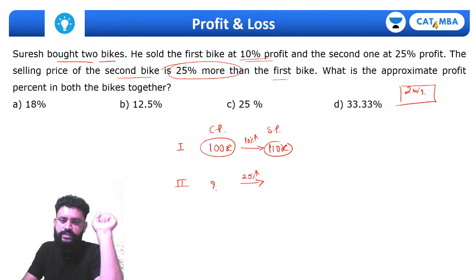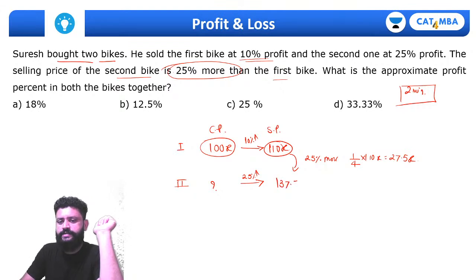Now we know this is 110x and from here the selling price of the second bike is 25% more. So 25% of 110, 25% is 1/4. So 1/4 of 110x, that comes out to be 27.5x. So this must be 137.5x.